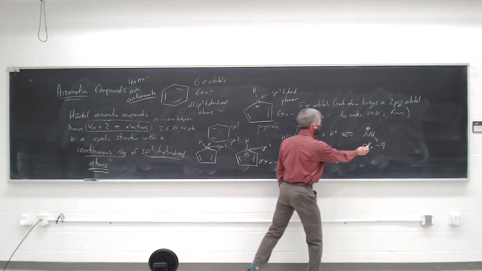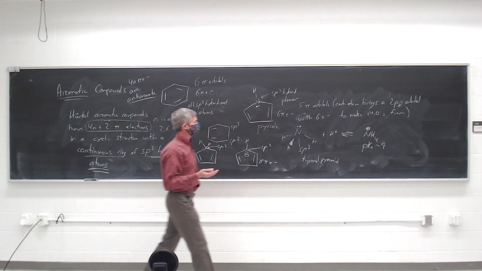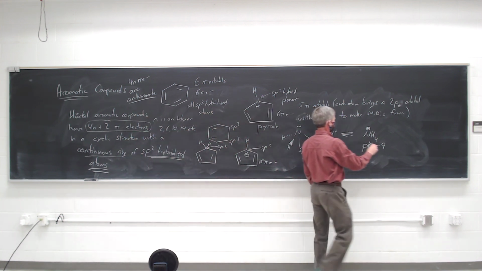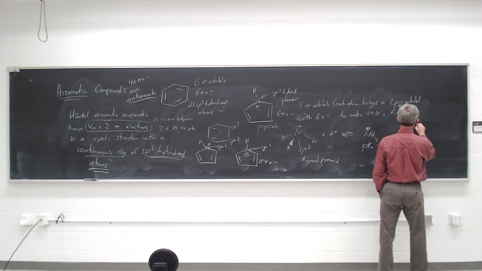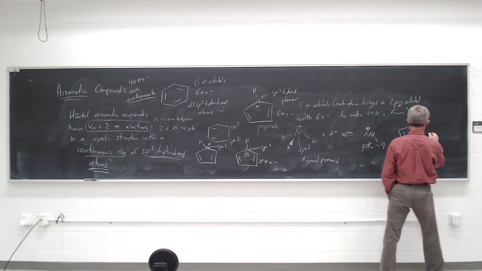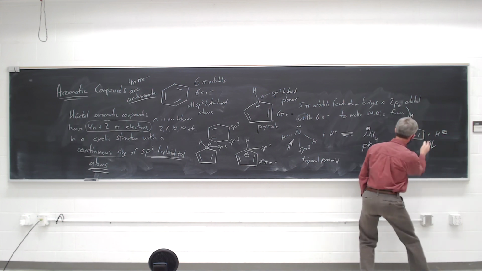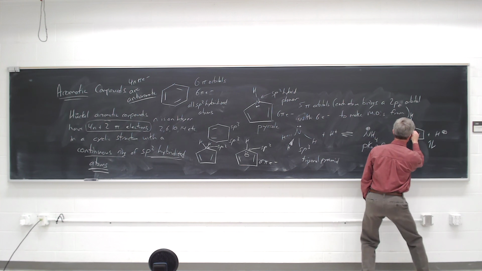So this pKa is 9, right? That's a pretty weak acid. If pyrrole picks up a hydrogen, it actually picks it up not on nitrogen, but on the carbon.